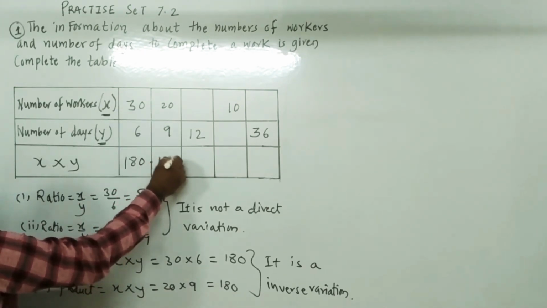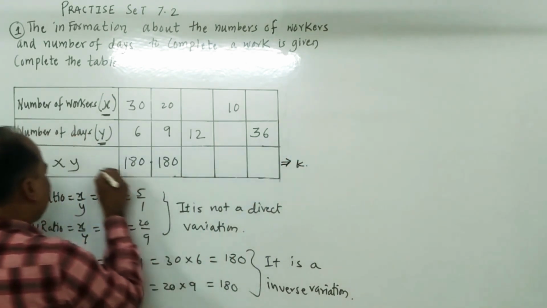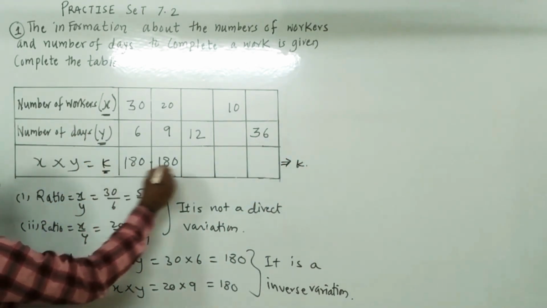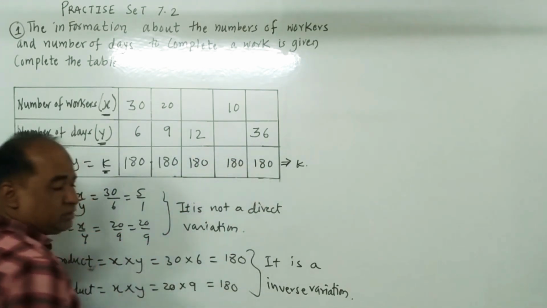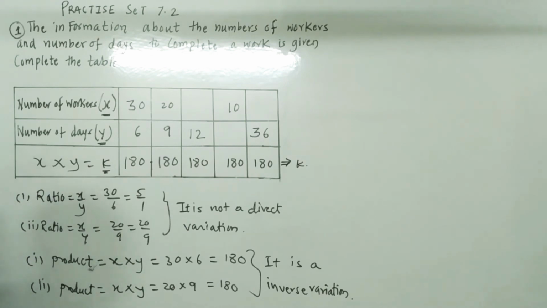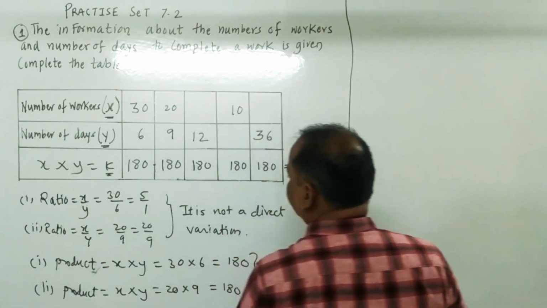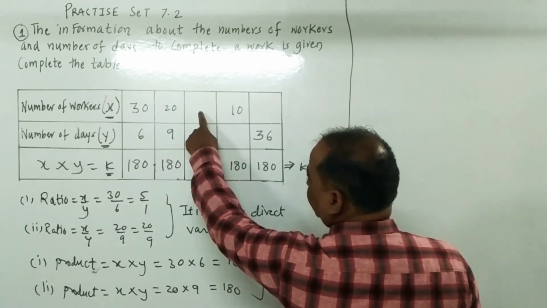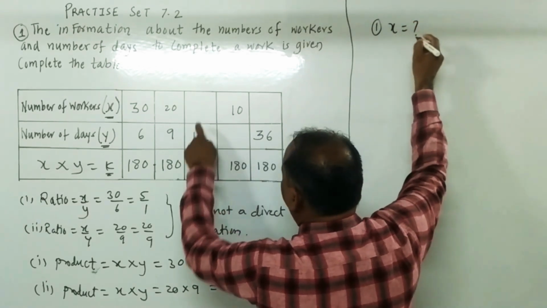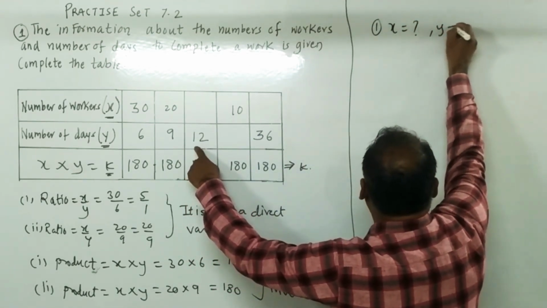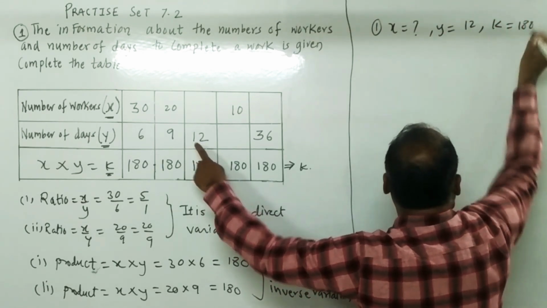So the constant value k is 180 at each and every place, as it is inverse variation. Now in the table, first, the number of workers is not given, that is x we have to find. y is given, the number of days is 12, and the constant k is 180.